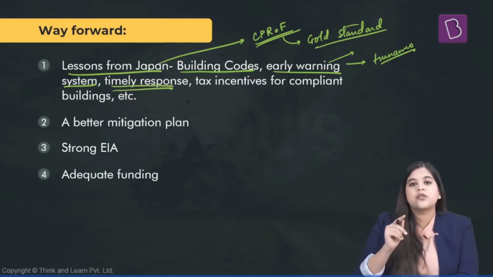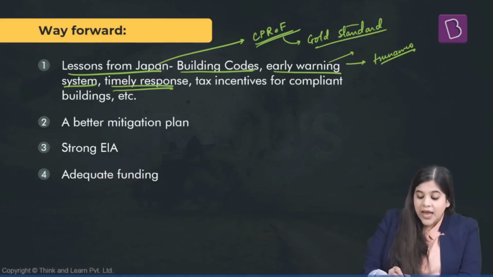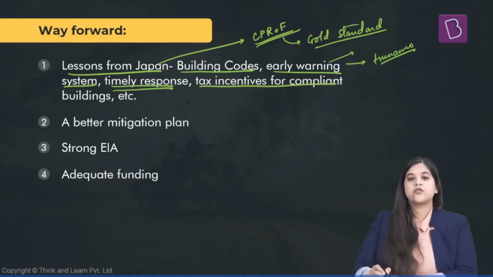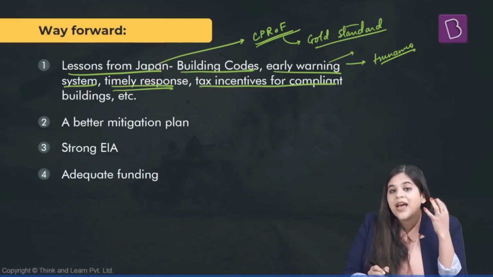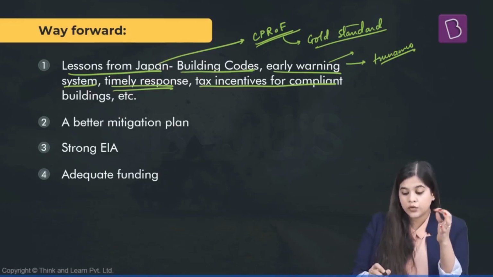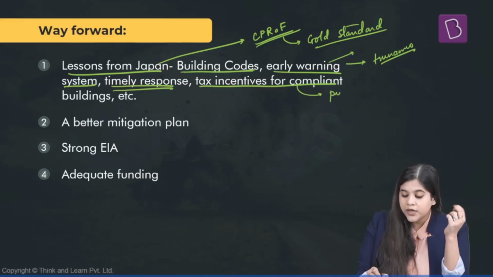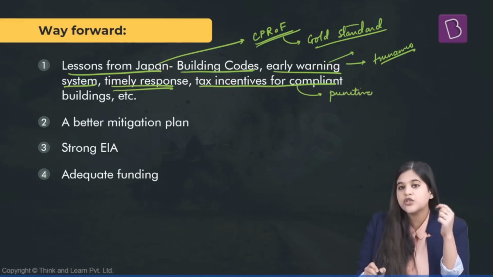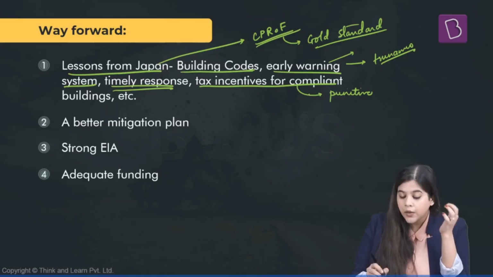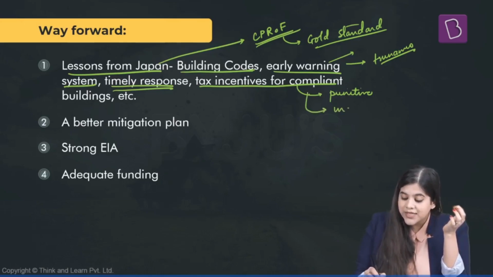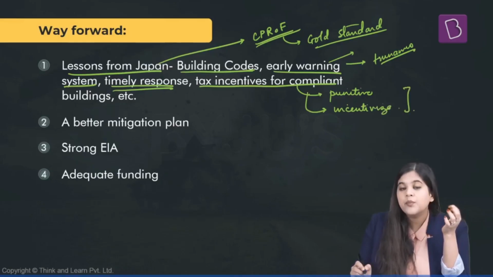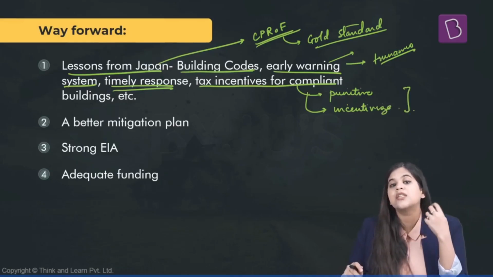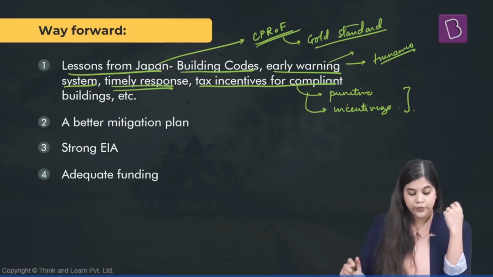Timely response after the disaster has struck, and tax incentives for buildings that are compliant with the building codes. So not only punitive measures of enforcement need to be taken, but we need to also incentivize the building owners to ensure that these codes are being followed.